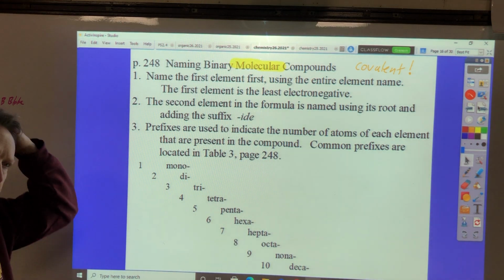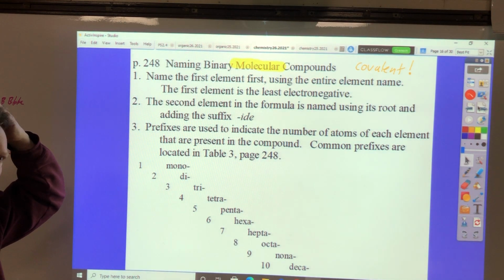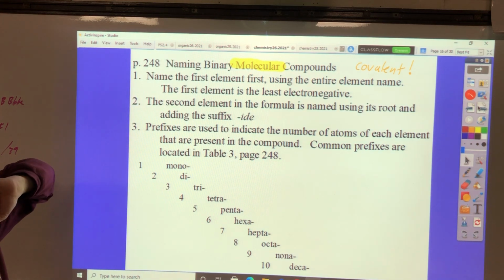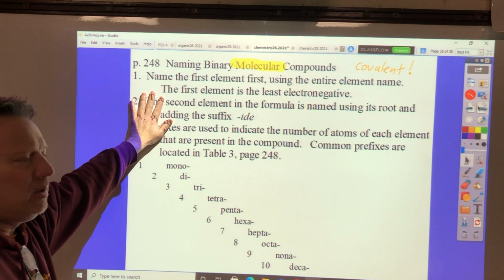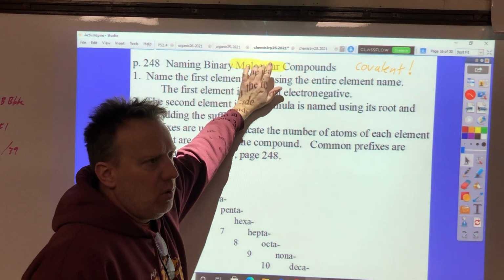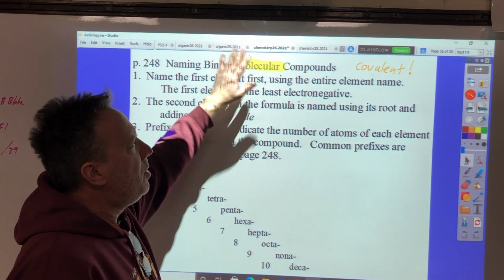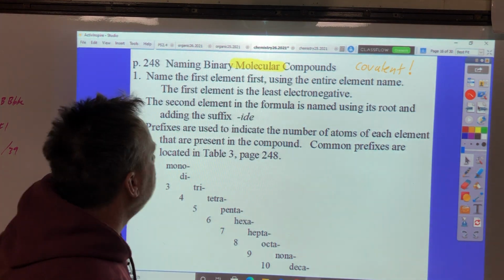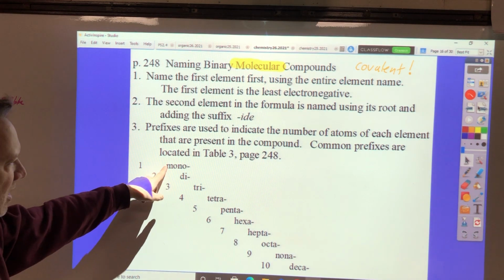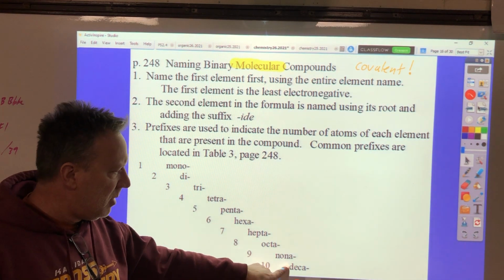But we also did, on some kind of an odd day after a test and it was bonus or something, binaries. This year we're going to focus on binary compounds more. Molecular compounds more. Organic chemistry is almost all molecular compounds. These are covalent. The naming is a little different because you have dis and tris and tetras and pentas in these.